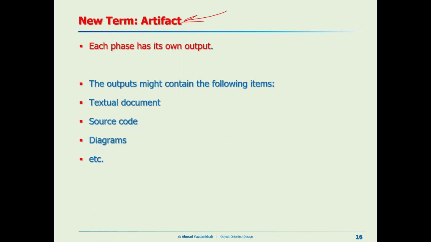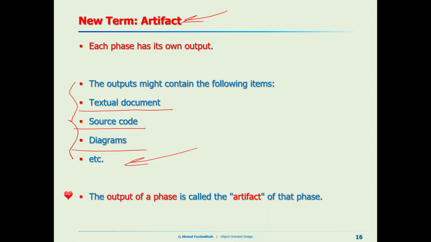This output can be a textual document, it can be source code, it can be diagrams, it could be a combination of these, and it could even be video or audio and some other stuff. So every phase has its own output, and that output is called the artifact of that phase. When I am talking about this SDLC, we will be using that a lot.